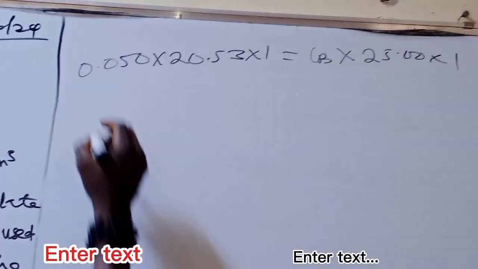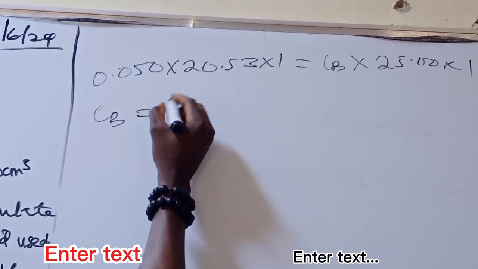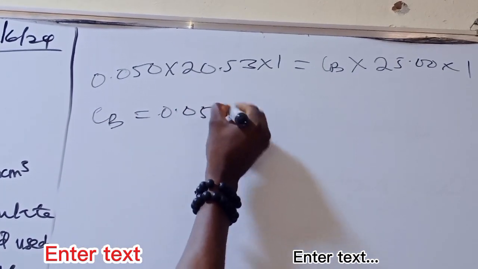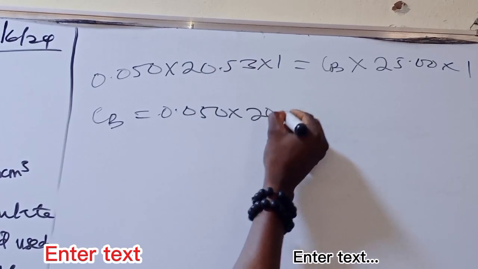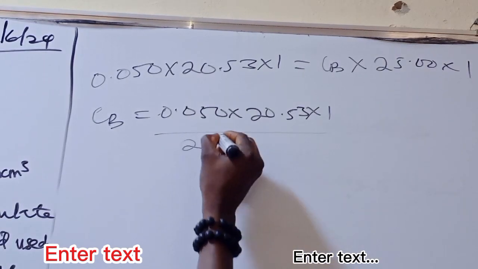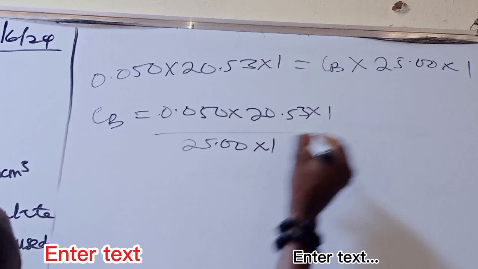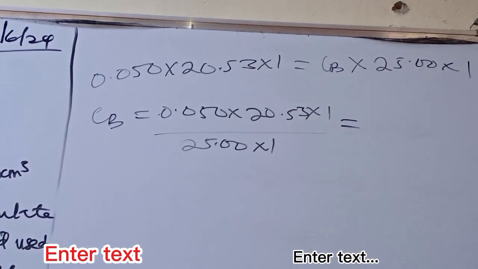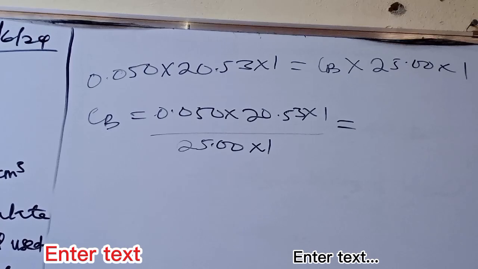If we make CB the subject of the formula, that will be 0.050 times 20.53 times 1 divided by 25.00 times 1.